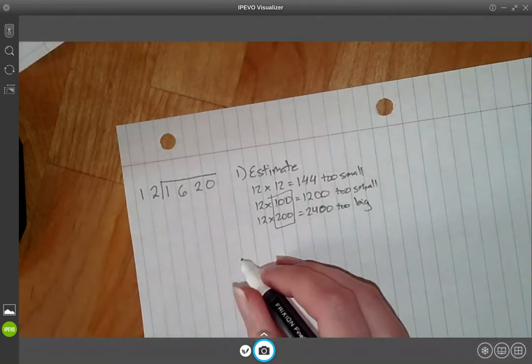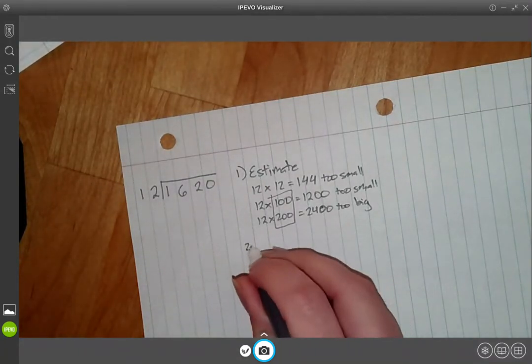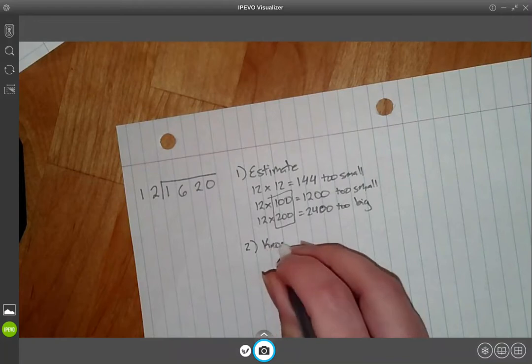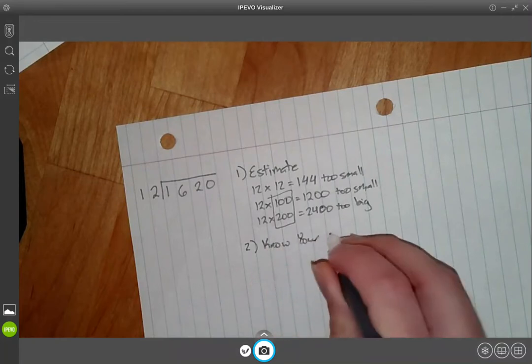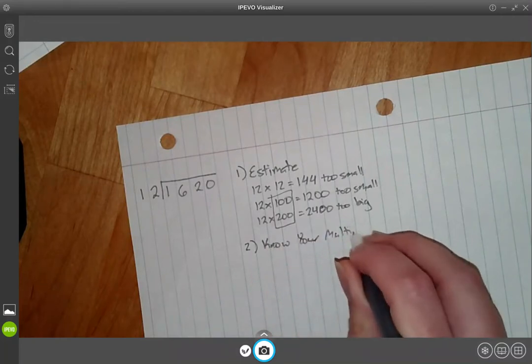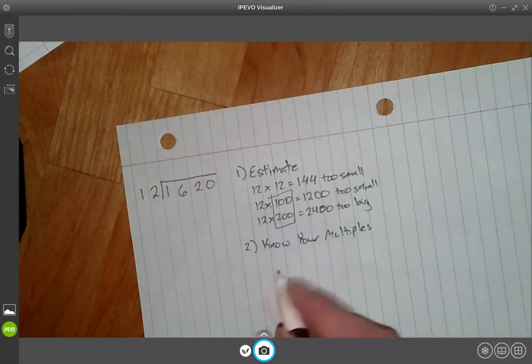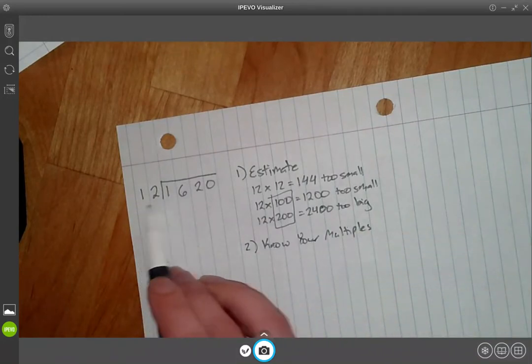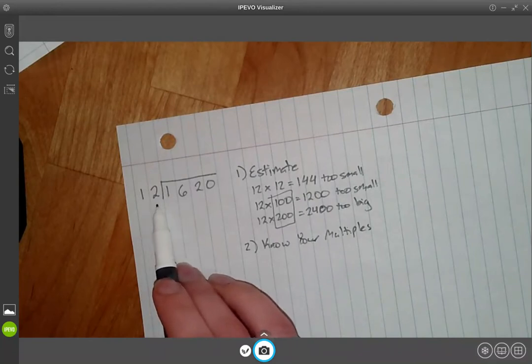All right, the next step is know your multiples. Know your multiples. And this means if I'm looking at my divisor, this tells me how many parts. I need to know my multiples of 12.